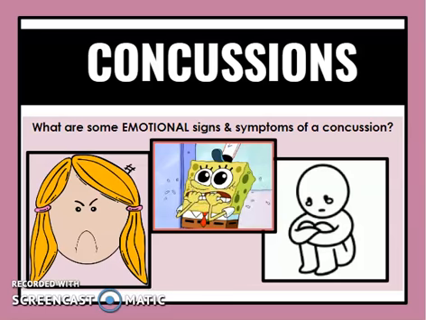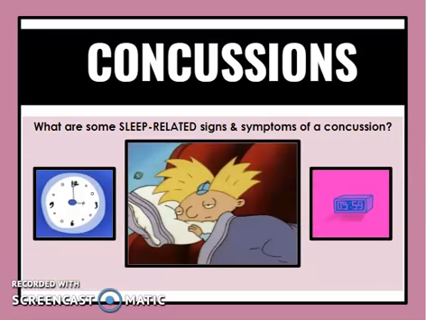Easily upset or angered, sadness, nervous or anxious, feeling more emotional. What are some sleep-related signs and symptoms of a concussion? Sleeping more or less than usual, having a hard time falling asleep.